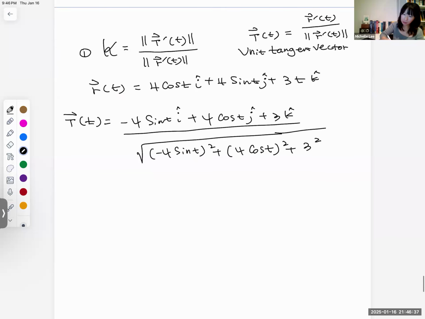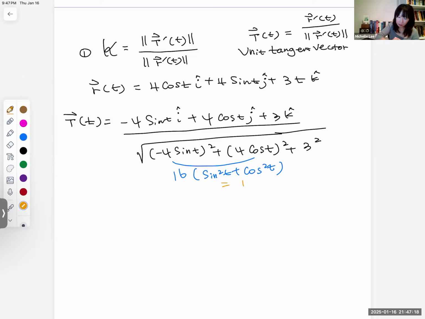Okay, so that will be, let's calculate. We had experienced the sine squared t and cosine squared t, right? So that will be just 16, yeah. 16 times sine squared t plus cosine squared t. So we knew this is 1, right?